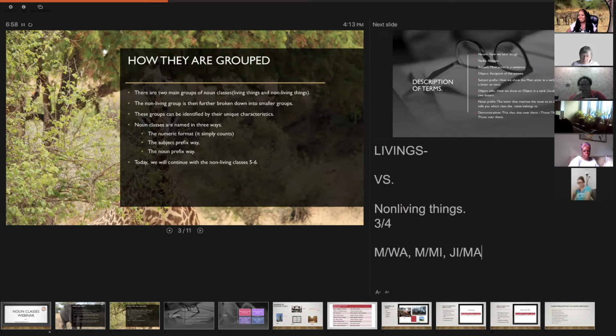And what are these? These are simply subject prefixes that these nouns take. But it's not always reliable because, for instance, in the noun class 5 that we're going to be talking about, not all nouns start with ji, so it can get very confusing. But the most reliable is the noun prefix.